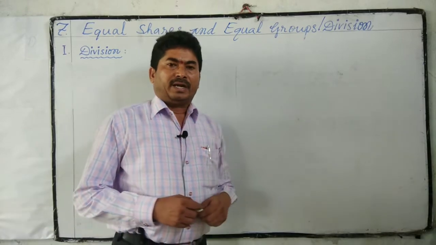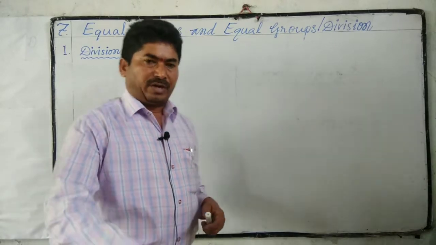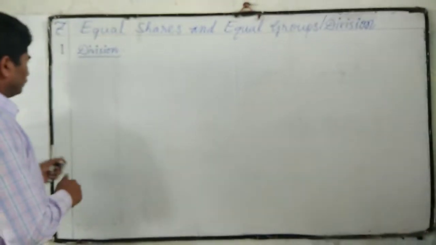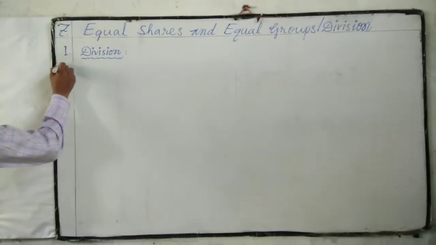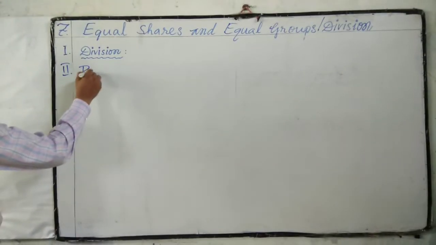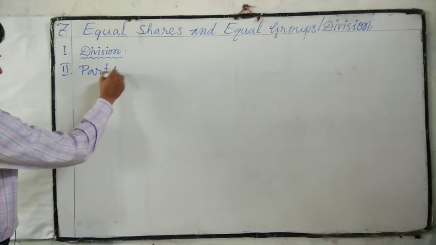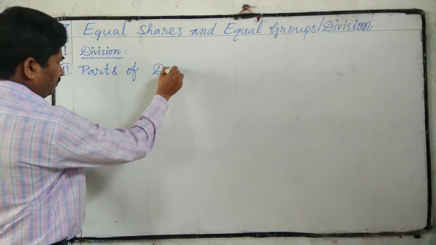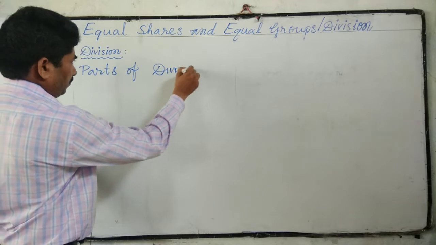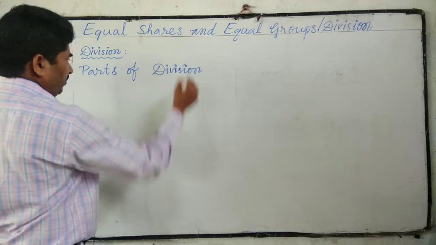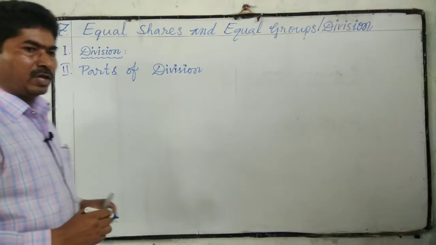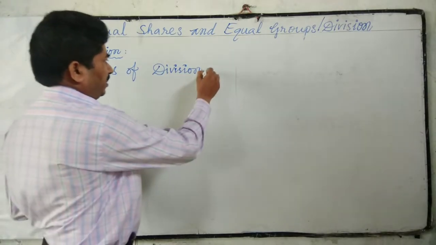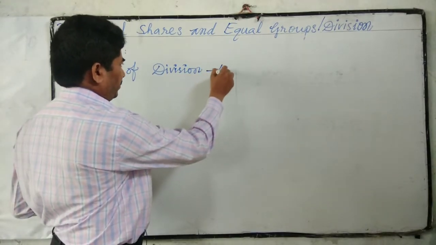Now let us know the parts of division. There are 4 parts in division.